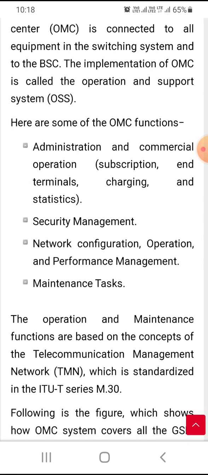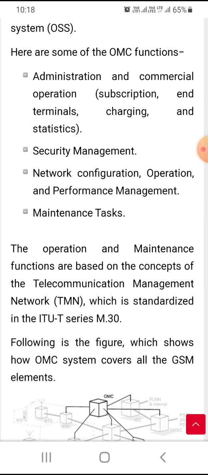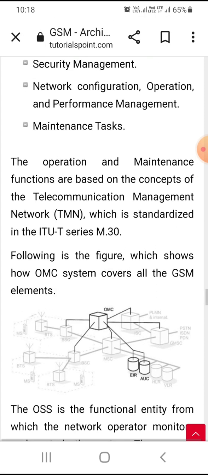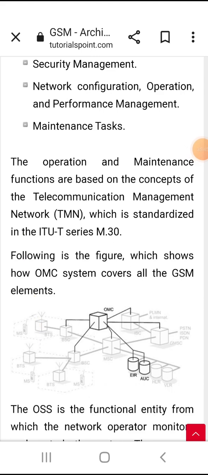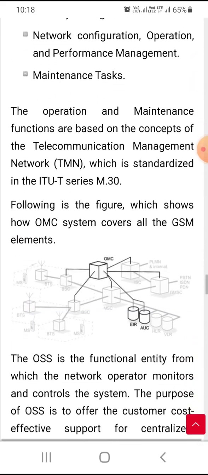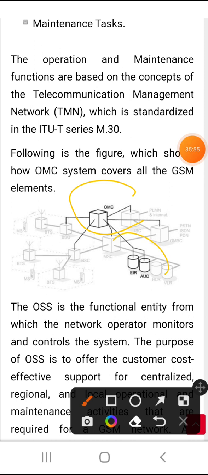The operation and maintenance functions are based on the concept of the telecommunication management network, which is standardized by the ITU-T M.30 series. In this figure you can see that the OMC system covers all the GSM elements: OMC, EIR, AUC, and the BTS.